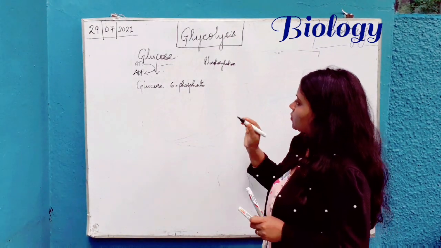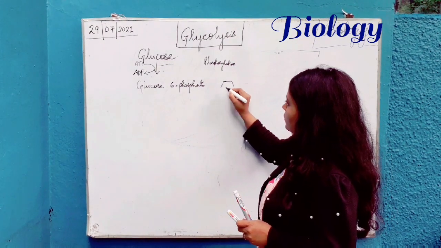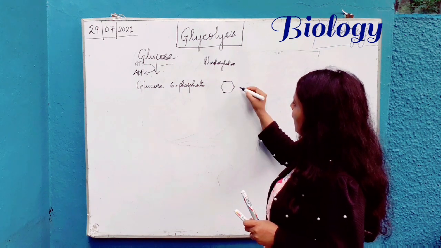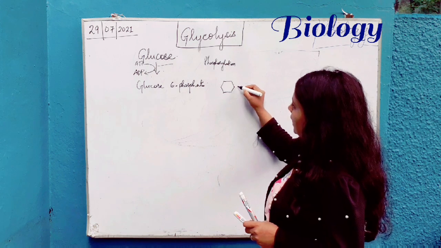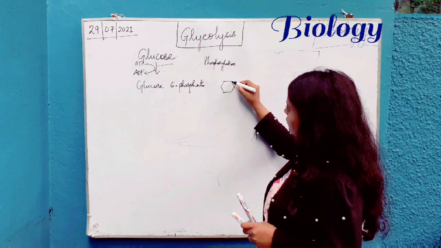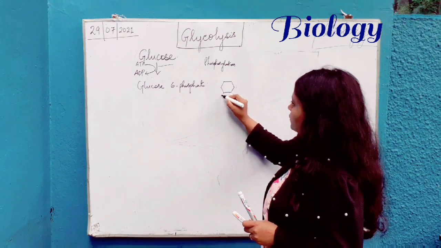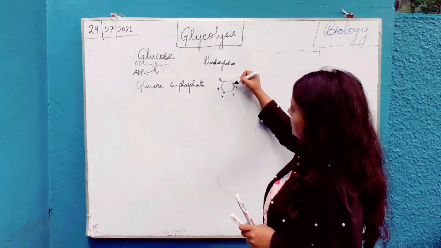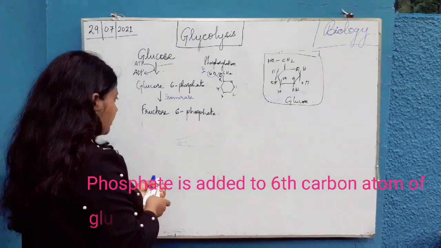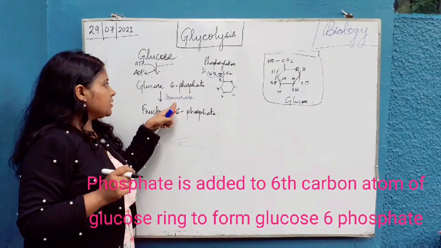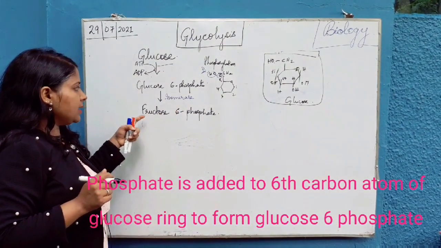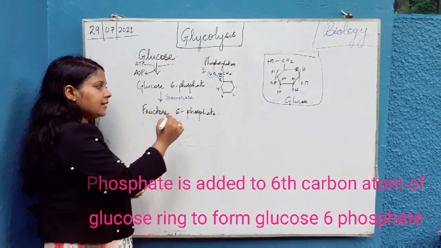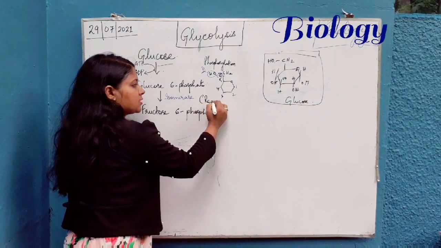In the glucose ring, as you all know, the glucose ring is somewhat like this. With the isomerase enzyme, this glucose 6 phosphate will be changed to fructose 6 phosphate. That is just a rearrangement process.